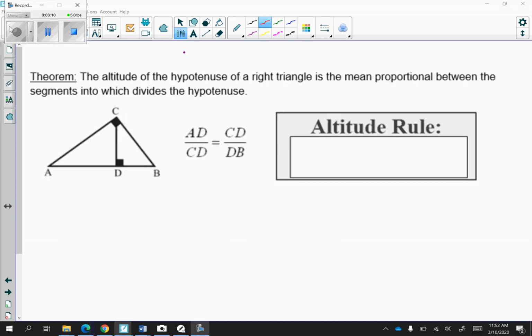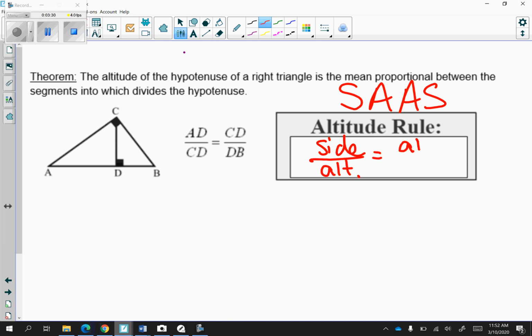Next, we have the theorem, the altitude of the hypotenuse of a right triangle is the mean proportional between the segments into which divides the hypotenuse. So this is our SAS, which is side over altitude is equal to altitude over side.